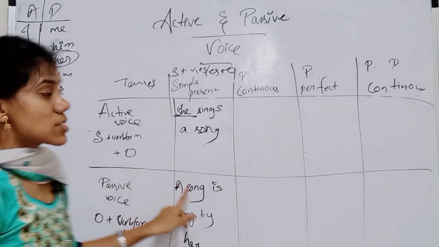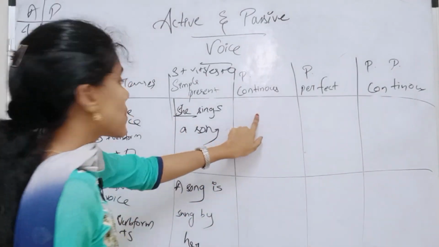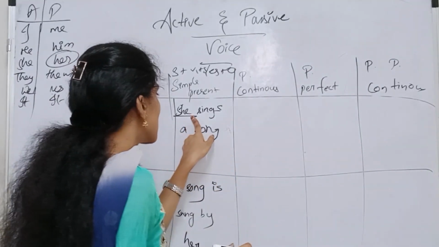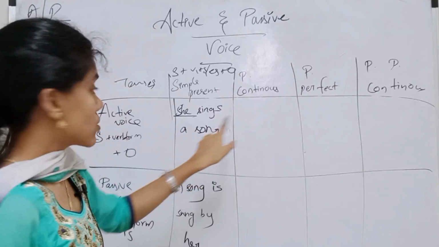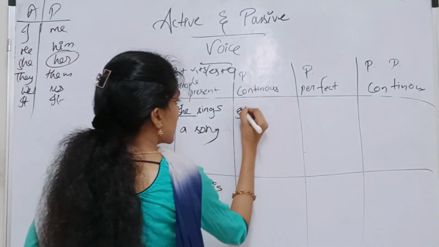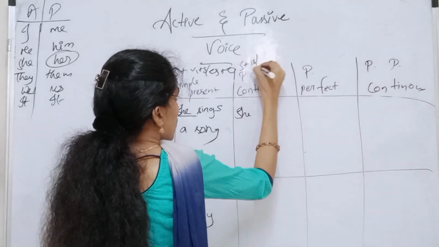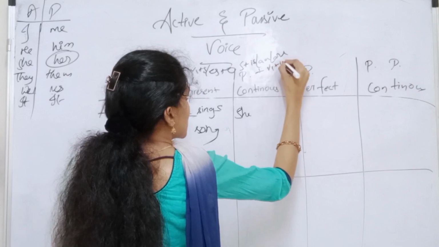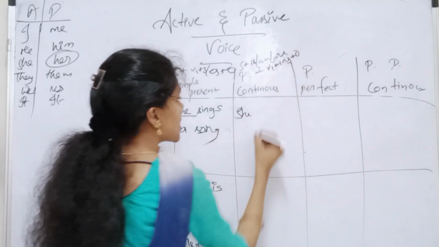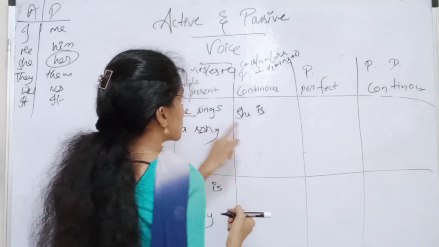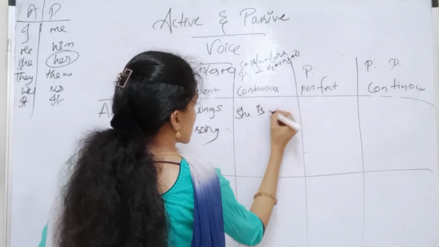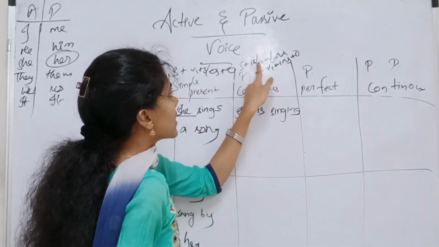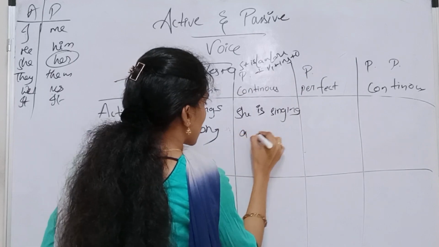Coming to the similar thing, what is the present continuous of the same sentence? Let's take the same example and see it in all the tenses. Active voice of present continuous tense: subject plus is, am or are plus V1 plus ing plus object. She is singing a song.